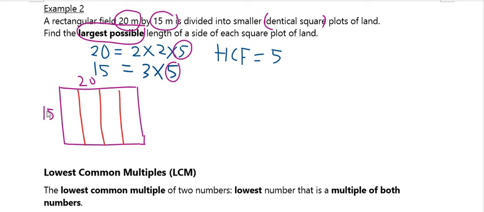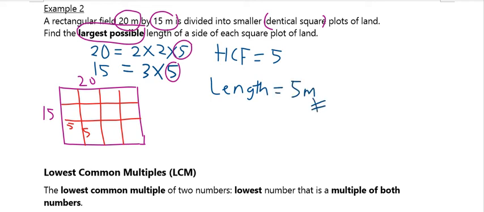And for the 15, horizontally, 15 divided by 5 will be 3. So you will have 3 over here. They are all squares with a side of 5. So the length of each side of the square will be 5 meter. This is an application for HCF.